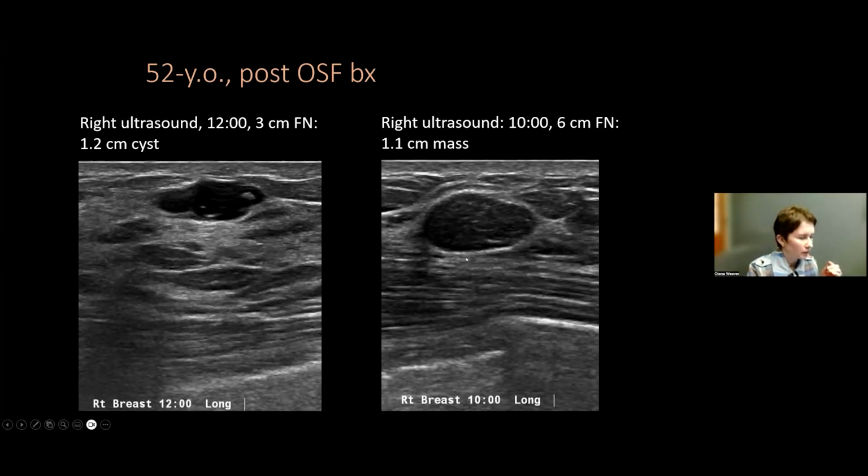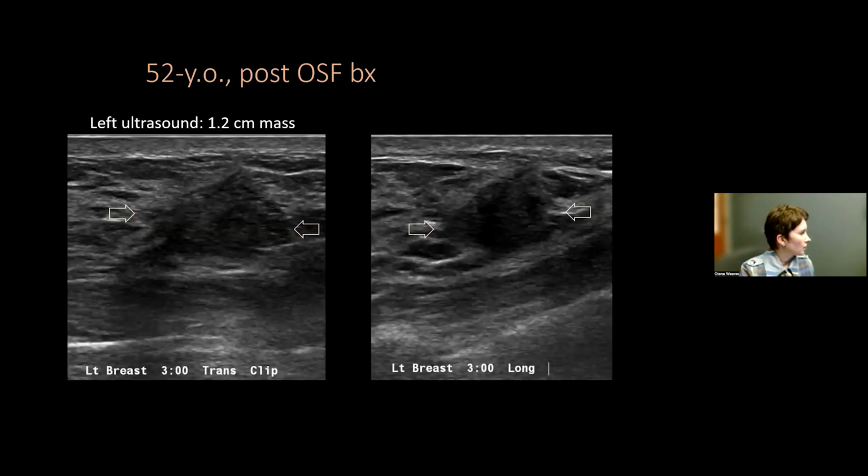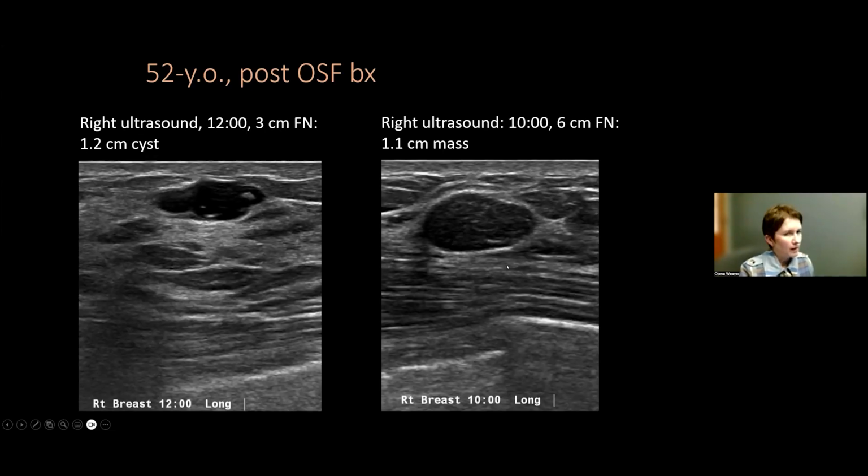There has been some literature specifically from UPMC, and they described that if there is an oval mass with no enhancement, in all likelihood this is something benign. And you can see that there's nothing really of that size to correspond to the 3 o'clock mass, and really nothing enhancing in the area of the cyst at 12 o'clock, as expected. Because it's an oval mass, we would be pretty confident.